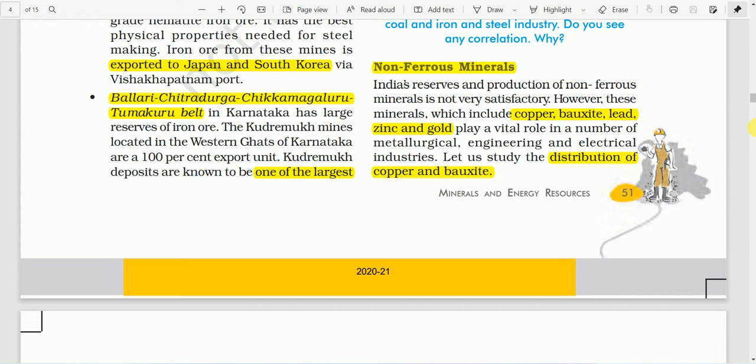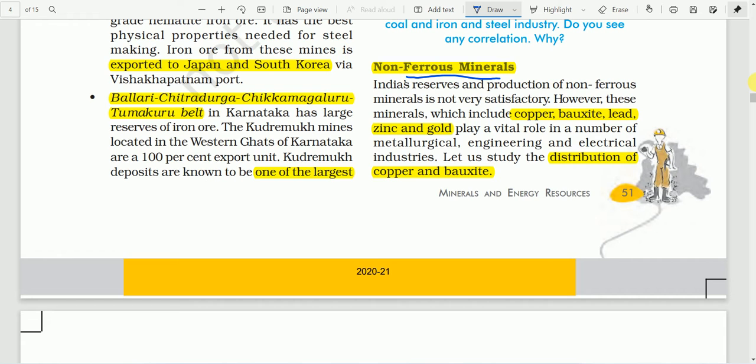So, last time we discussed the distribution of ferrous minerals. Now, let us start the discussion on the distribution of non-ferrous minerals. India's reserves and the production of non-ferrous minerals is not very satisfactory.